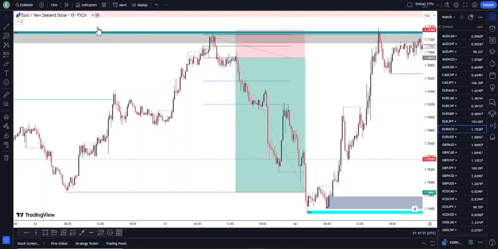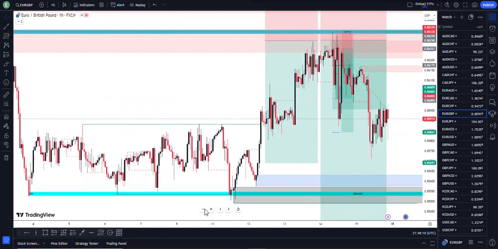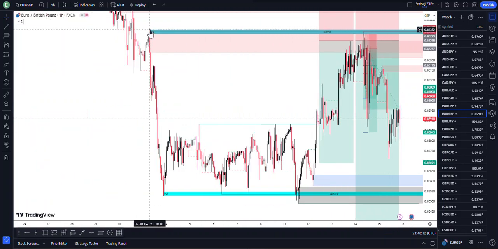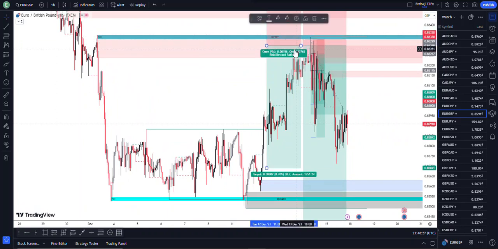So we're going to Euro GBP, on the 1 hour time frame. Remember, this is the break of structure, and there was no further break of structure below this low before price came back here, right? So now price touched, I'm going to remove this now.